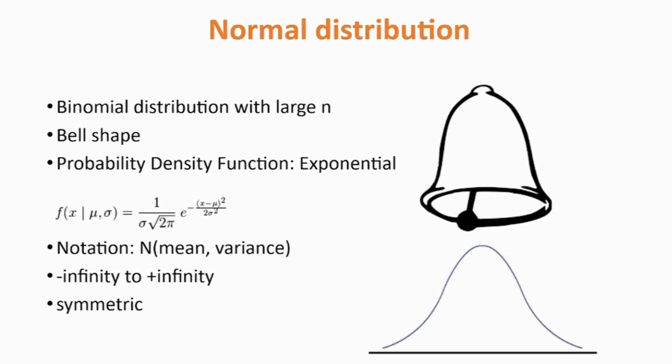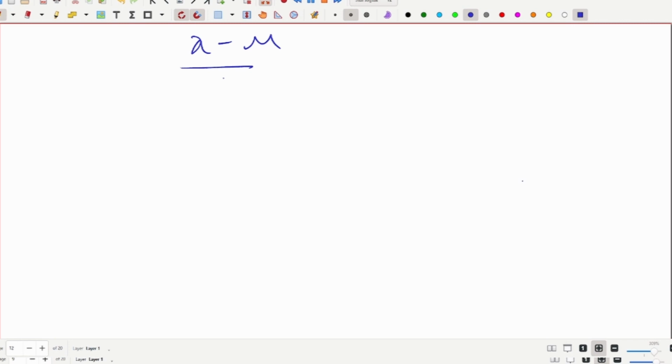Because if you see the thing x minus mu divided by sigma, whole square, this is z. Hence, if you see again, if I write this as 1 by sigma root 2 pi.